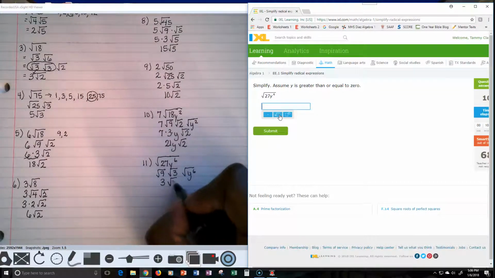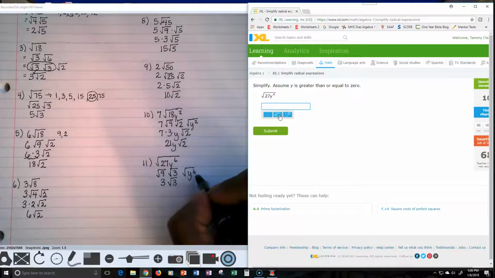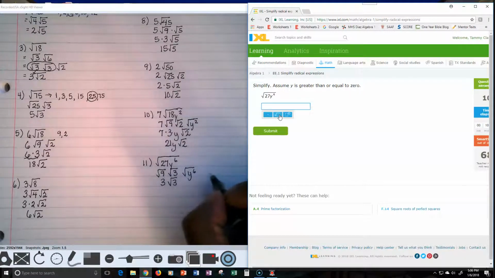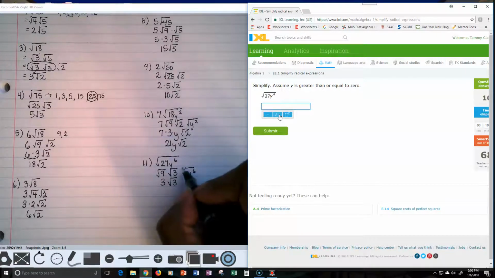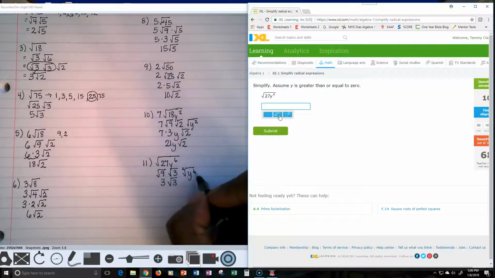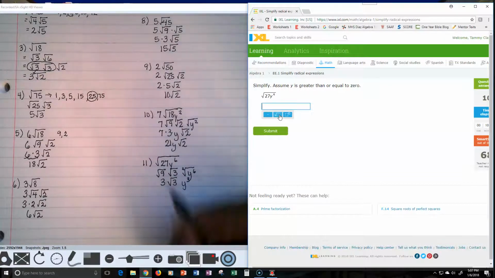We keep root 3, but the square root of y to the 6th, remember that just means that out here I can divide the 2 into the 6, and that tells me how many pairs that I have. So this would be y cubed. So my answer would be 3 times y cubed, which is 3y cubed, root 3.